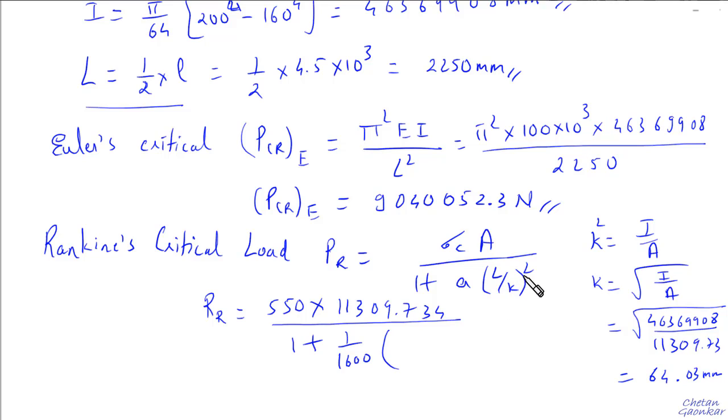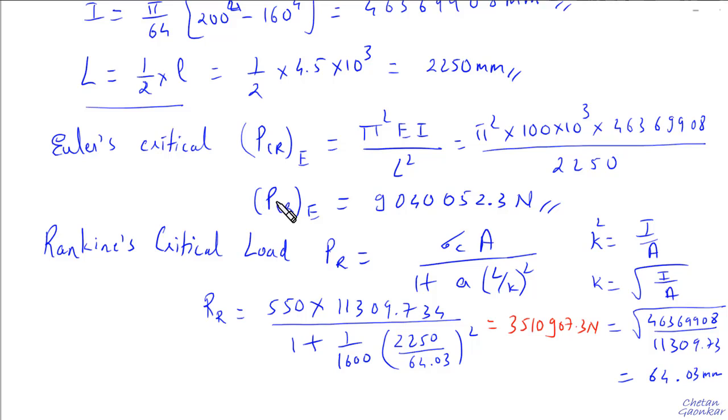The equivalent length is 2250 divided by K, which we found as 64.03, whole square. So finally we get the critical load from Rankine's formula as 3510907.3 Newton.